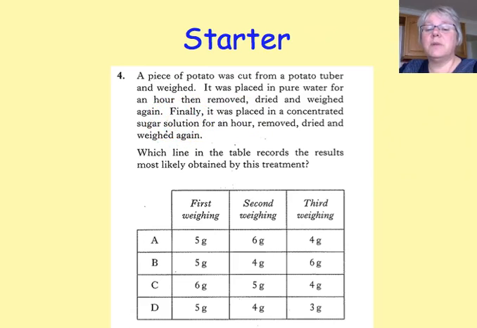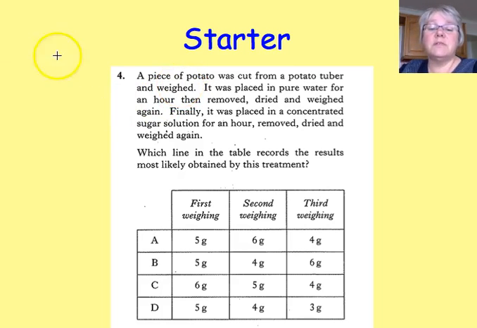And finally it was placed in a concentrated sugar solution for an hour, removed, dried and weighed again. Which line in the table records the results most likely obtained by this treatment? So to answer this question, we have to look at which direction the water will be moving in and out of our potato.